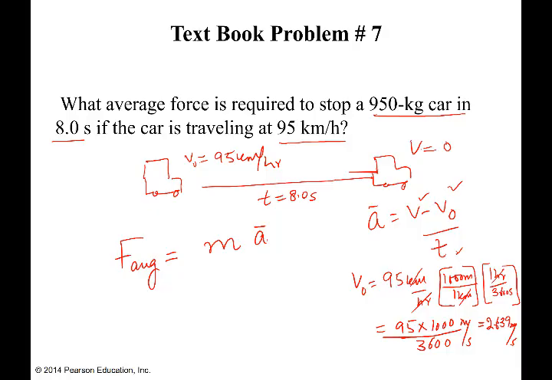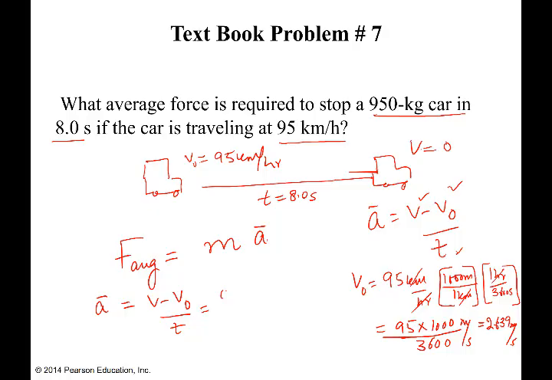We are just converting. So now that I have V naught, I can find out acceleration A, which is V minus V naught over T. The acceleration will be negative because it's stopping.